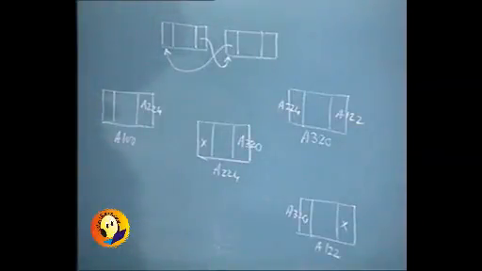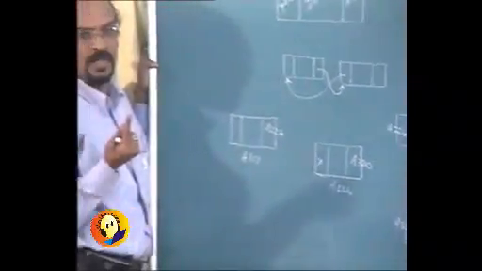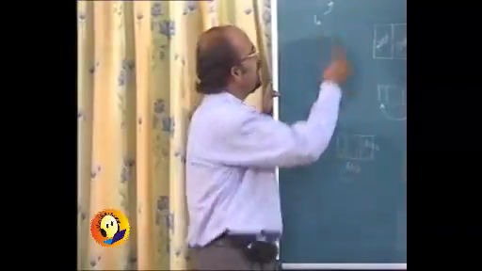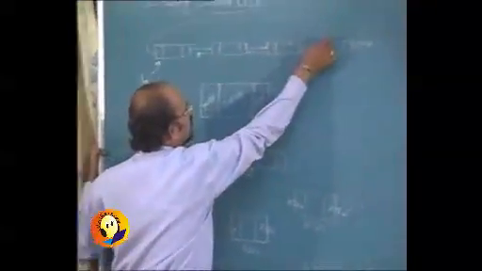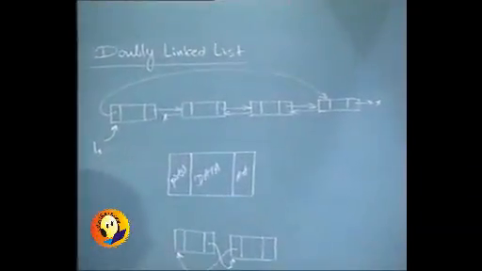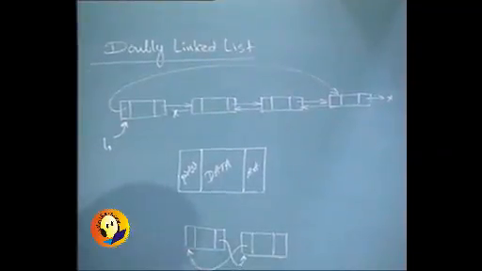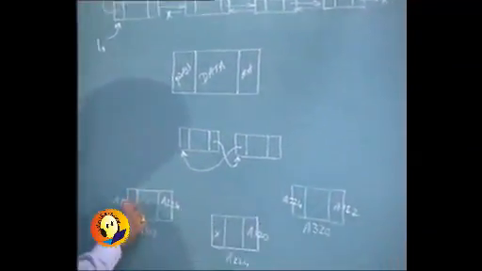Now observe that we have said that it should be possible to travel in both the directions. We are still using H arrow next to go to the first node. We still have one more pointer with the header, which is previous. Let that previous point to the last node. So H arrow previous will contain A122.